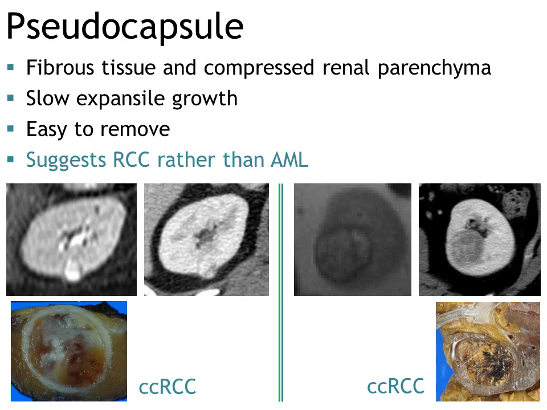These are two different cases of clear cell renal cell carcinomas, and both renal masses show pseudocapsule of low signal intensity at T2 weighted MRI. They show different degrees of enhancement at CT.